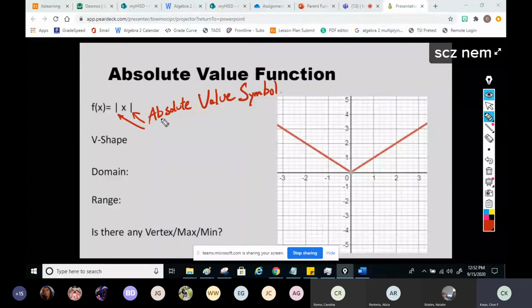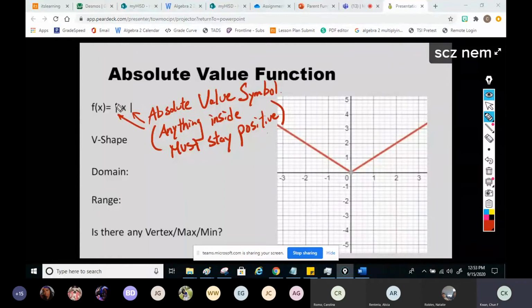So what it means is that any numbers inside must stay positive. Okay, whatever's inside, it must stay positive.